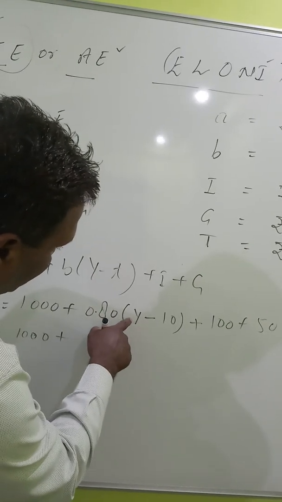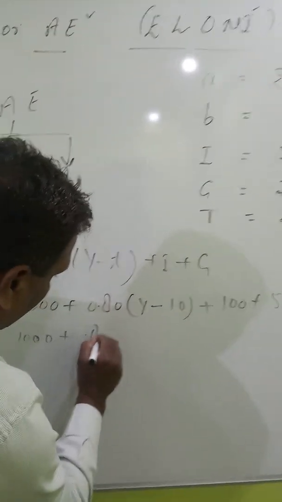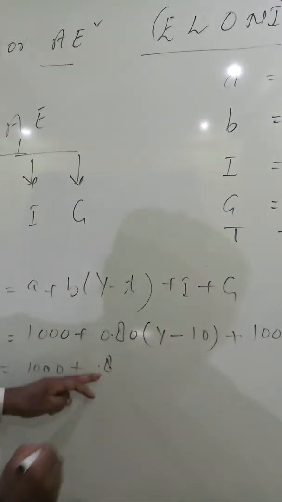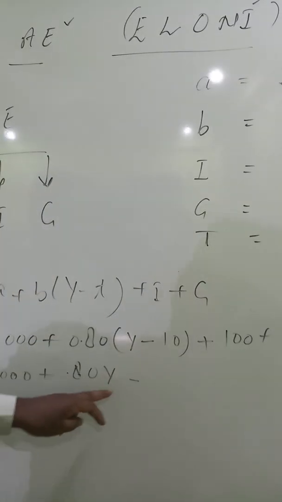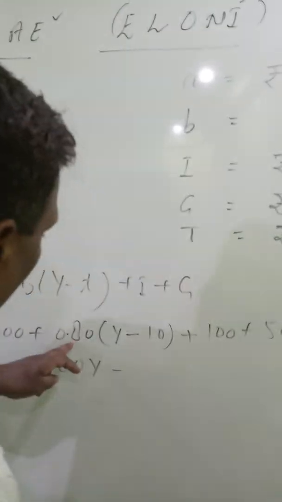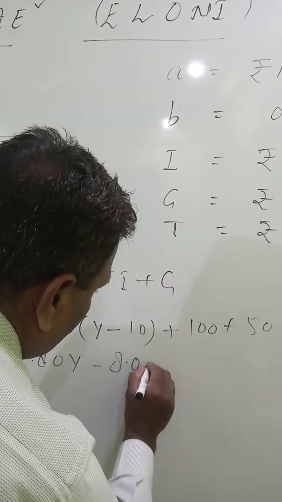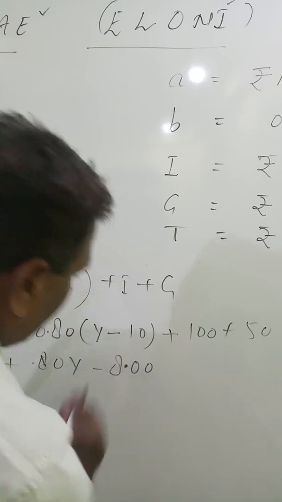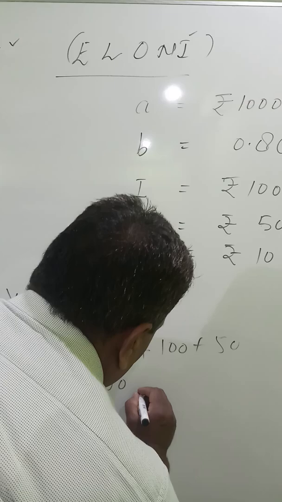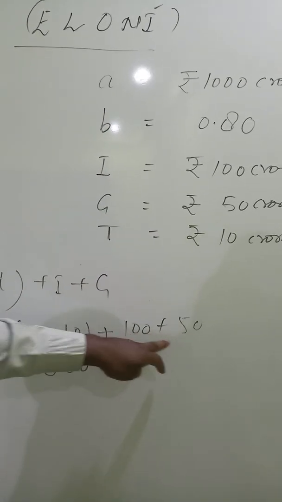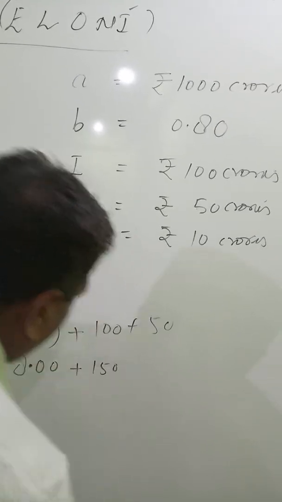So multiply Y by 0.80, the product will be 0.80Y, minus multiply 10 by 0.80, it would be 8.00. It means simply 8 only. Then plus, now get the summation of 150, it will be 150.